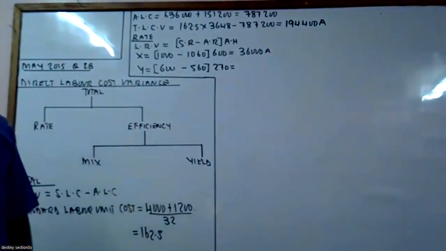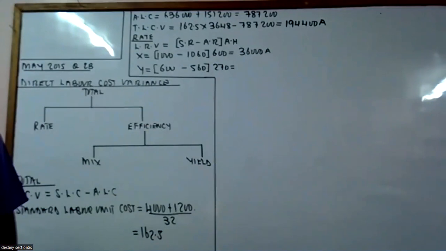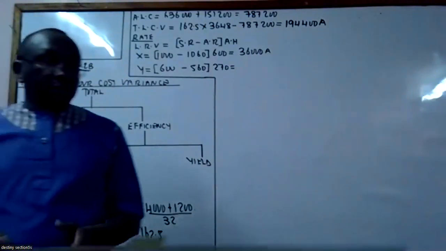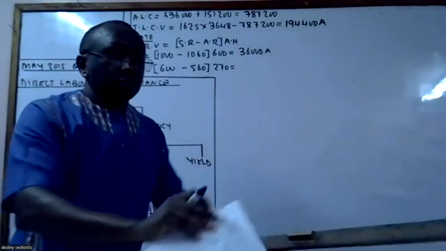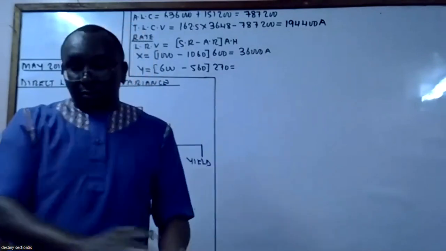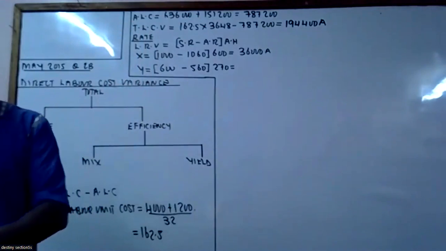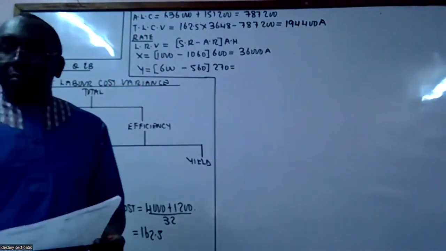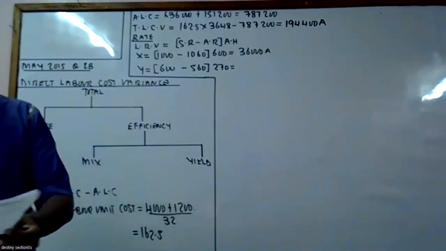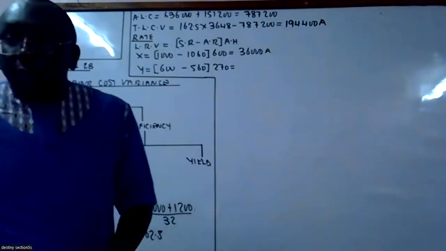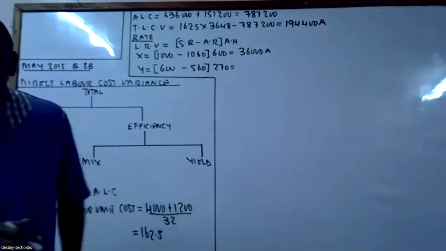So tell me how much that is. Then 800 favorable.